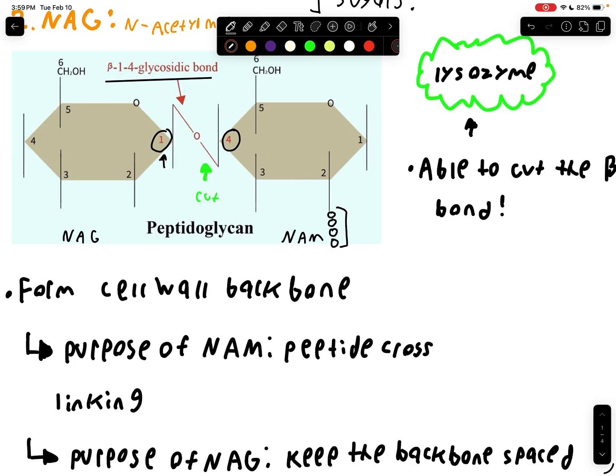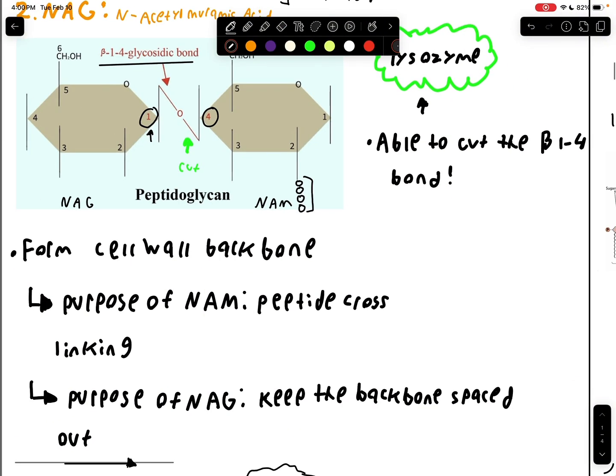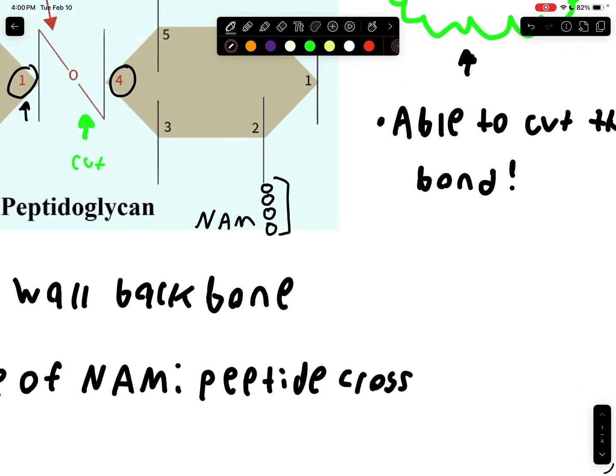Now, for reference, I'm not sure which of these sugars, like which carbon is going to bind the peptides. That would be something that is above the course that we're in currently. But I'm just going to draw it on carbon 2 just so you have an idea that it binds like that. So just remember, this is just an example.